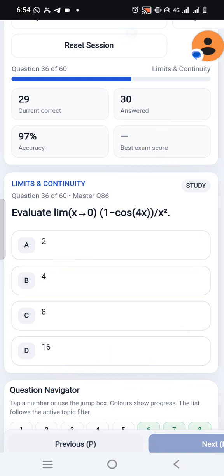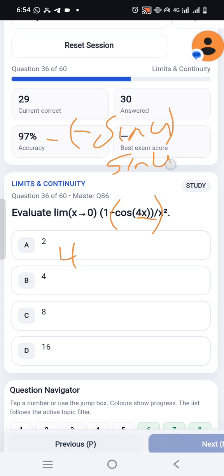Now take this minus cos as a whole, like you are differentiating minus cos u. When you differentiate minus cos u, you are going to get sin u, because the minus and minus cancel. This cos u itself will give you minus, and then this minus that is here will give me minus as well. So that will give me sin u, where your u is equal to 4x.